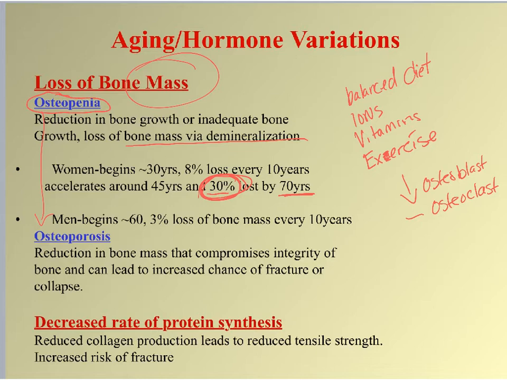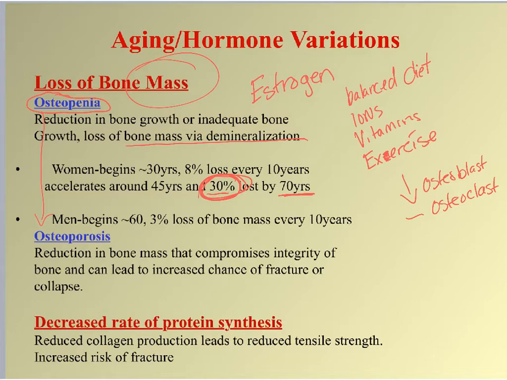Osteopenia occurs in men too, but it doesn't start until about the age of 60. And then men will experience a 3% loss of bone mass every 10 years. So you can see how it affects women the greatest. Primary reason, like we had just discussed, estrogen plays a huge role in osteoblast activity. Remember, estrogen increases osteoblast activity.